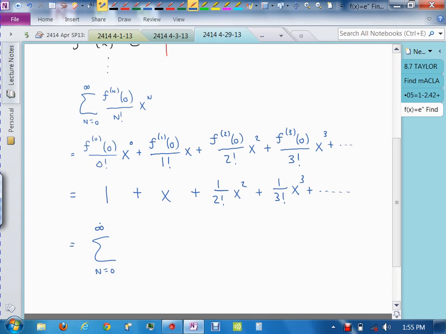So that's just n, isn't it? So the bottom is n factorial. The top is just x to these powers, right? X to the n. And there's no alternating in this series, so we don't have to worry about a negative 1. So that's the Maclaurin series for e to the x.